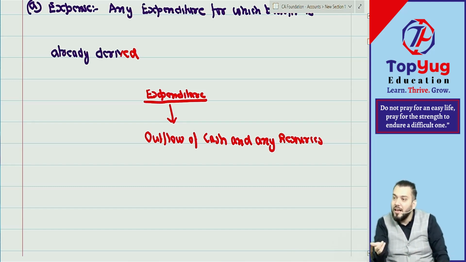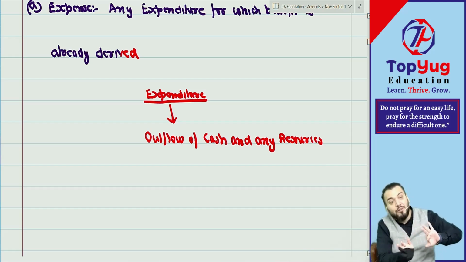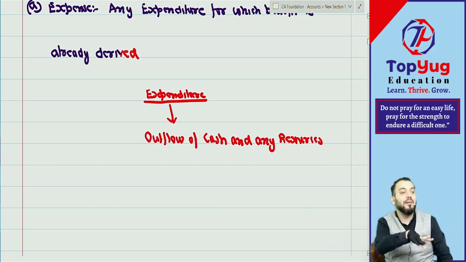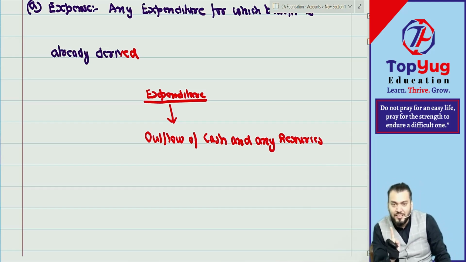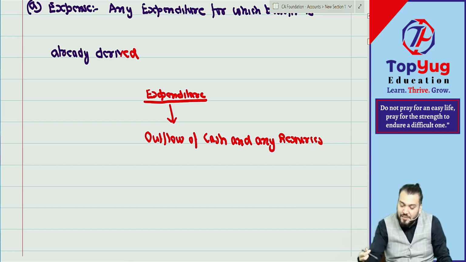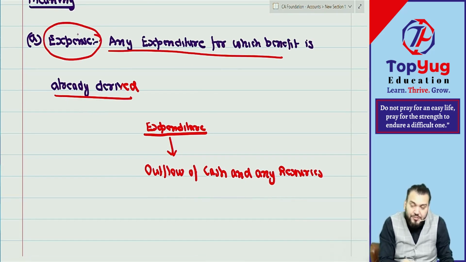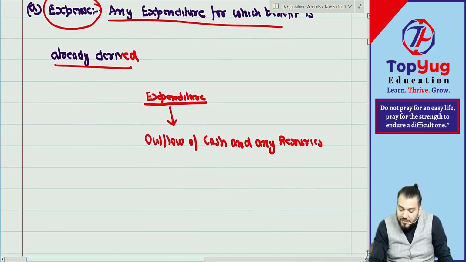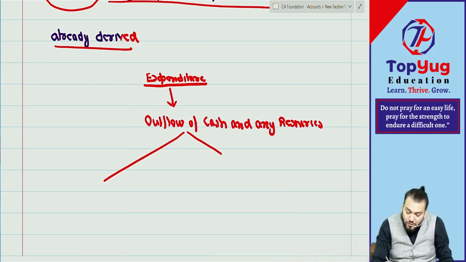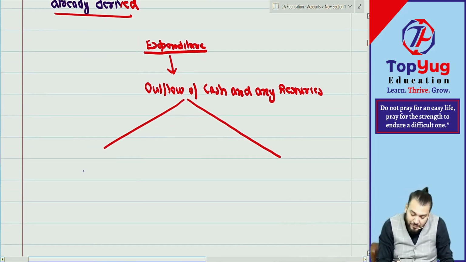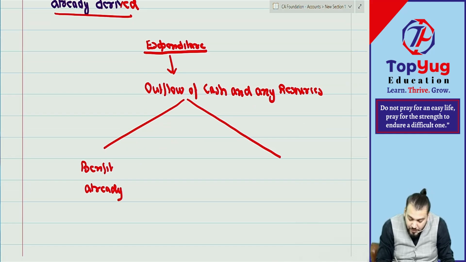But suppose I purchase the camera and the entire benefit is already derived. Then it becomes an expense. The rule is very simple. Any expenditure for which benefit is already derived becomes an expense. Whenever there is an expenditure outflow, you first need to find out whether the benefit is already derived.